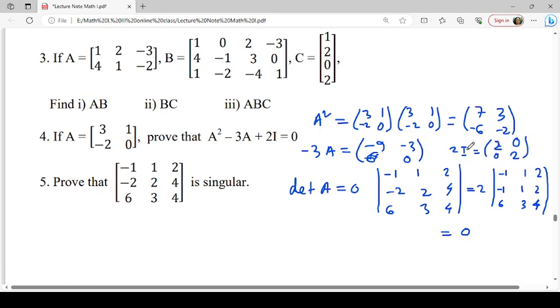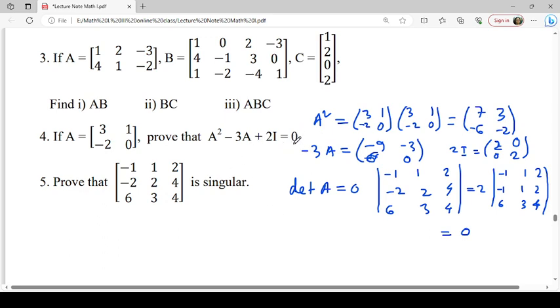So add all this: 7 plus -9 plus 2 is 0. Then 3 minus 3 is 0. -6 plus 6 is 0. -2 plus 0 plus 2 is 0. So this is the zero matrix.